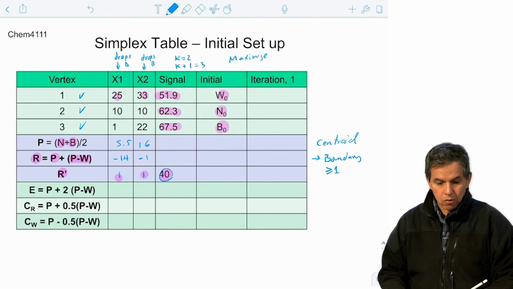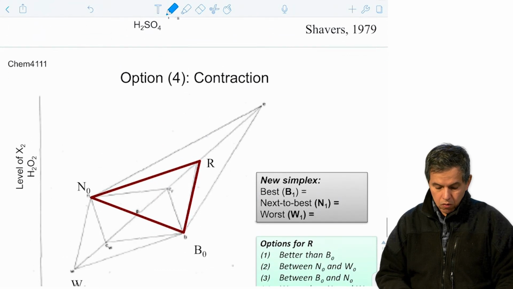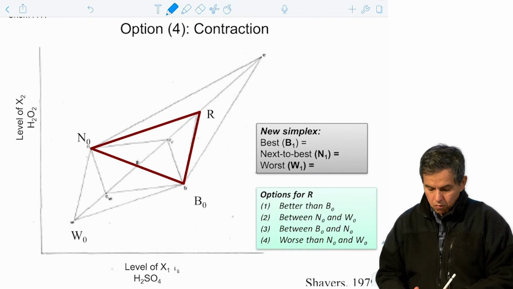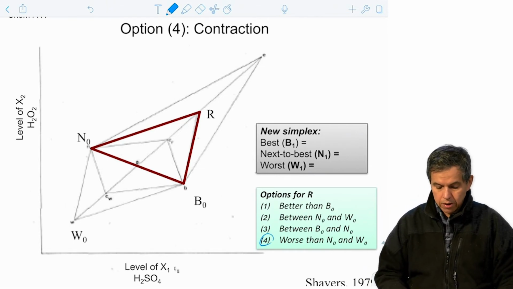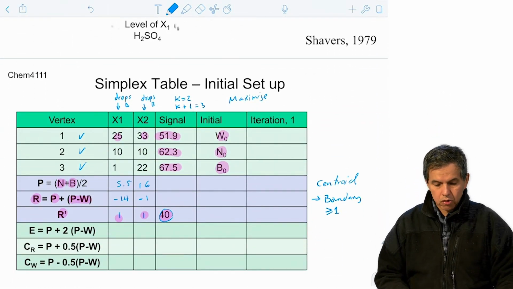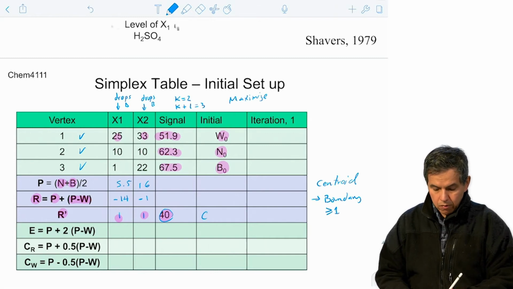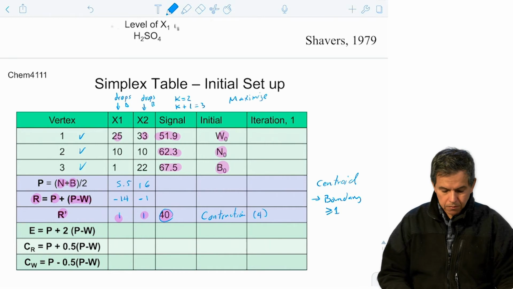Because of that and because of what we discussed before, this corresponds to a situation in which we are going to have worse than the next best and the worst, which will basically mean that we are going to have a contraction. So the activity that we'll be doing here is a contraction, which before was called case 4.